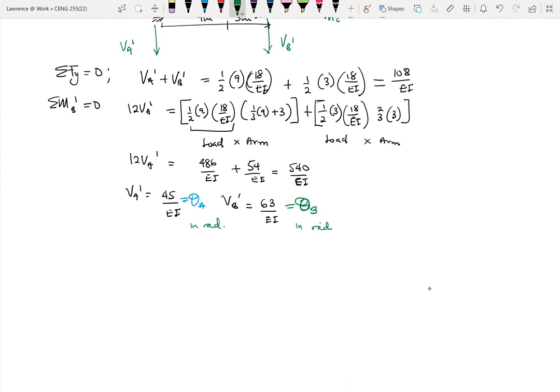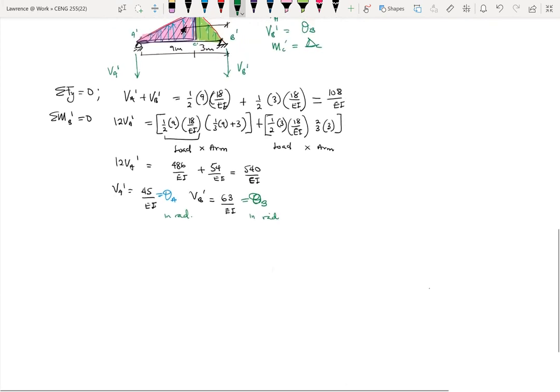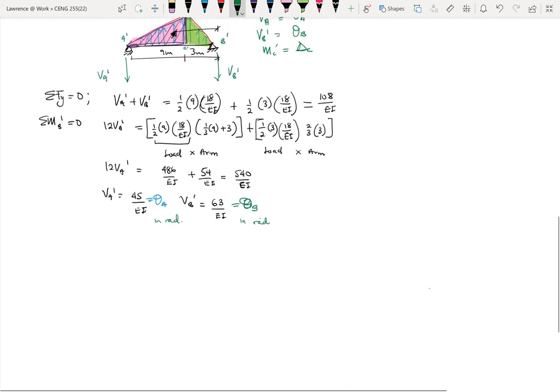So both are counterclockwise. Now we need to find the moment at C, or at C prime, so that we can find the deflection at C. So anywhere we want to find moment, we cut at that section. Okay, so that's the idea.